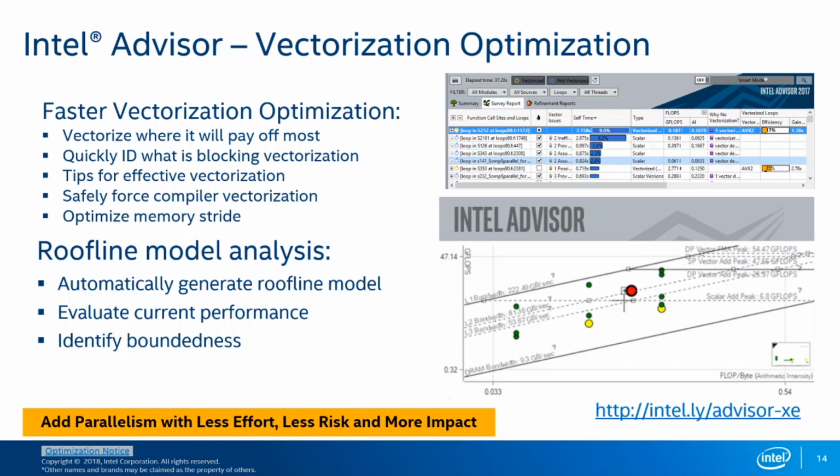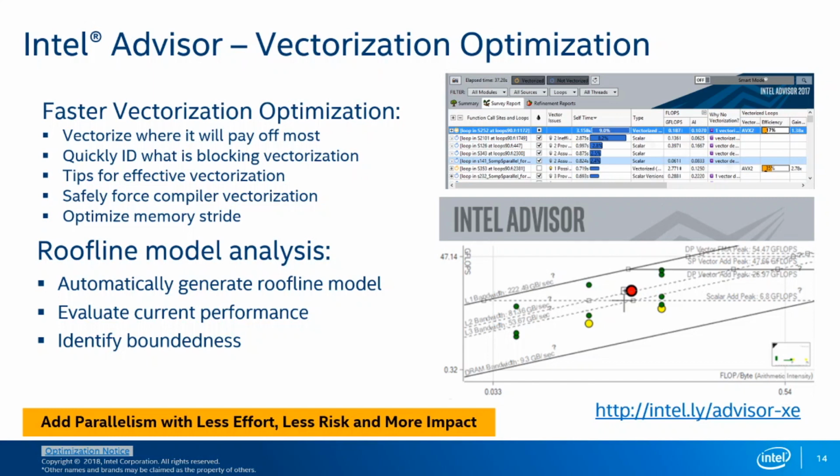So it will tell you what loops or functions were vectorized and with what vector efficiency and vector instruction set. For loops or functions that are not vectorized, it will tell you the reason why the compiler was not able to auto vectorize that code.